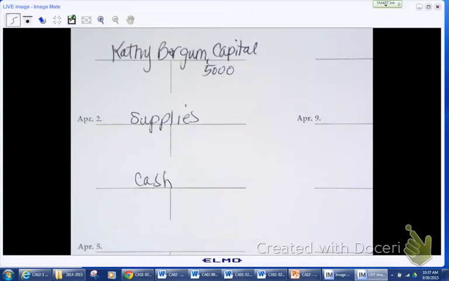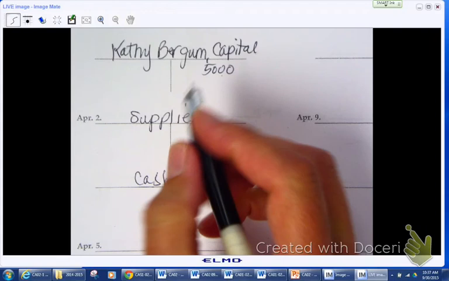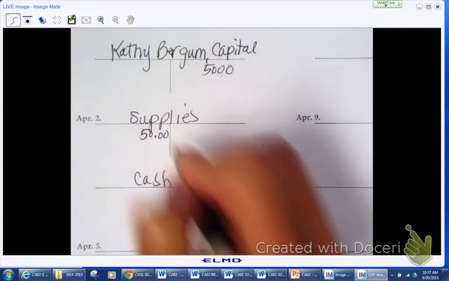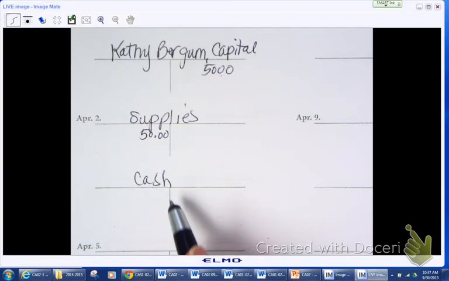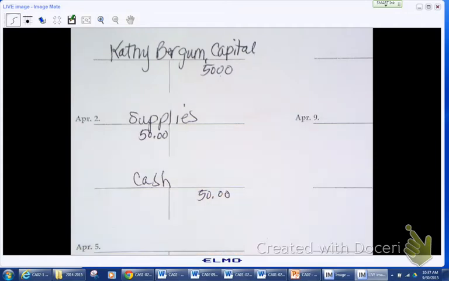If my supplies account is going to be increased because we're buying supplies, then I'm going to debit my supplies account for $50. If my cash account is going to decrease, my cash account is an asset and assets decrease on the credit side. So I'm going to credit my cash account for $50.